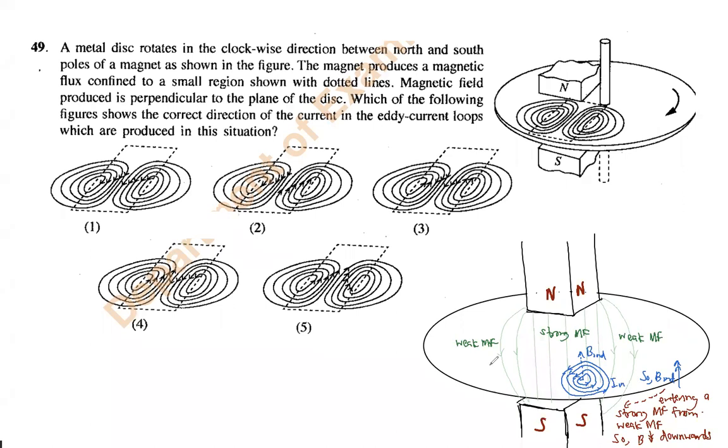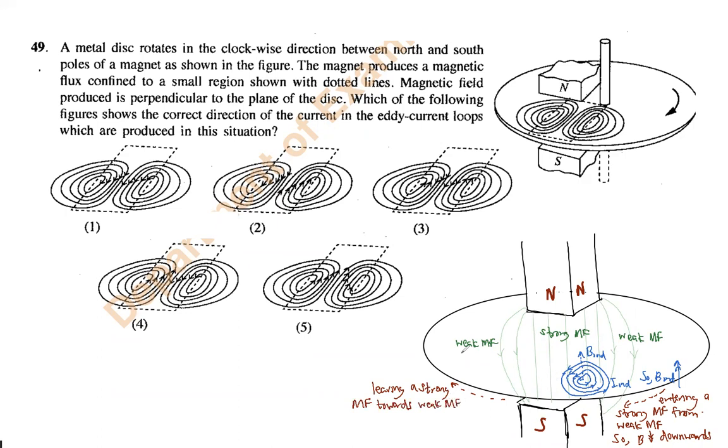Now if you take this region, what's happening? You are leaving a strong magnetic field, going towards a weak magnetic field. When you are here, you are in a strong magnetic field.